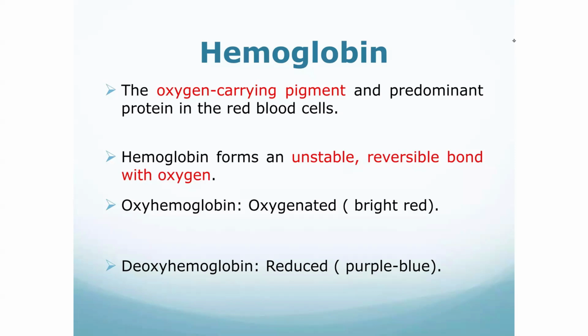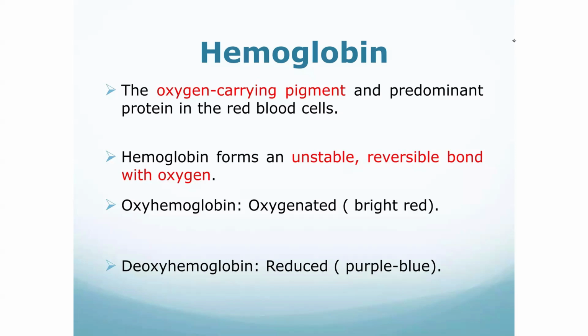It's like a car that carries a passenger, drops them, shuttles back, takes another passenger and delivers them. So the bonding should be unstable and reversible so that the oxygen can be easily dissociated from the hemoglobin when delivered to the expected body tissue, and then it comes back.